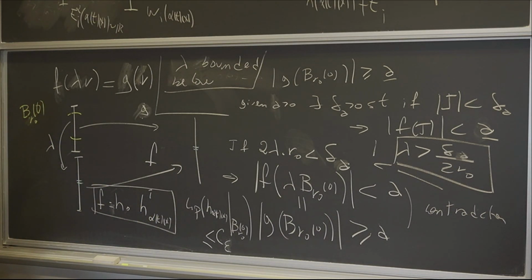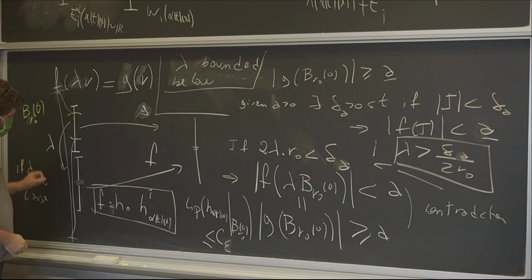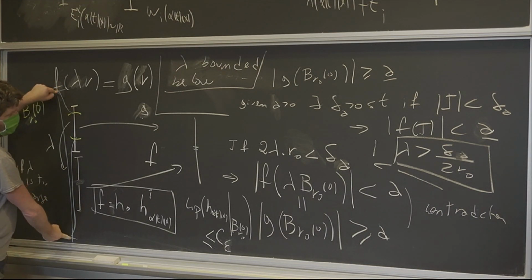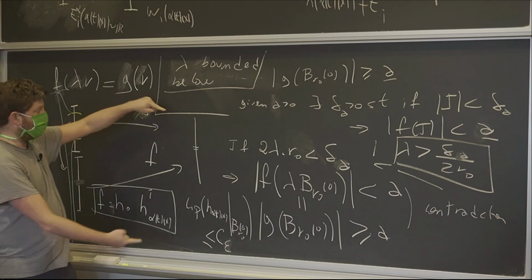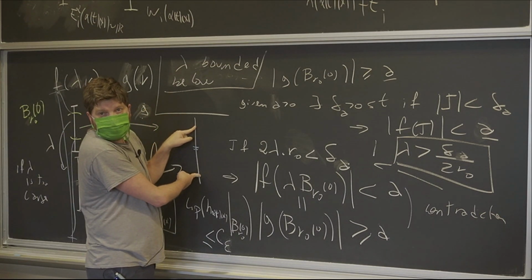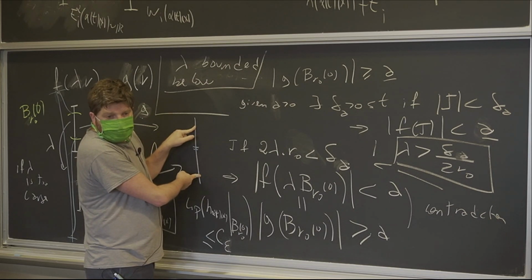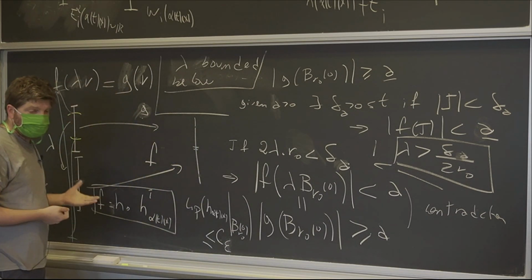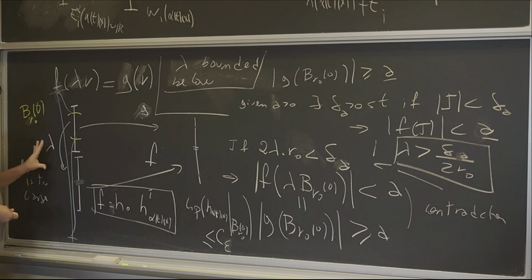Now, if lambda were too large, then you will have a huge interval here. Then you will try to argue that this interval, which is huge, cannot be collapsed into something which has mid-size. But this is hard to do because this interval is too large. So the typical way of arguing here will not be too successful.